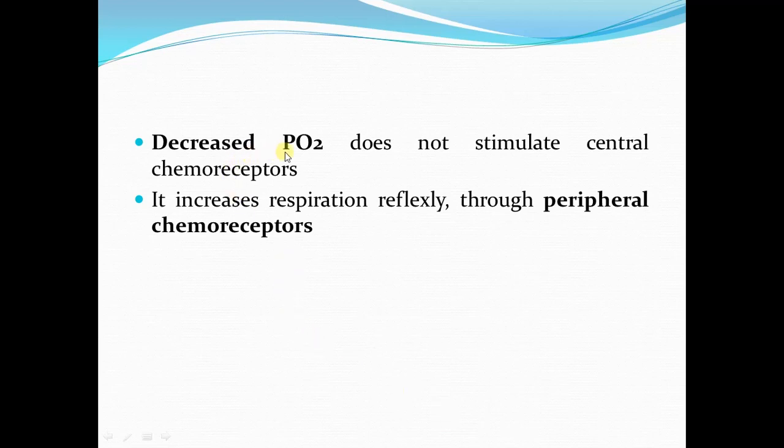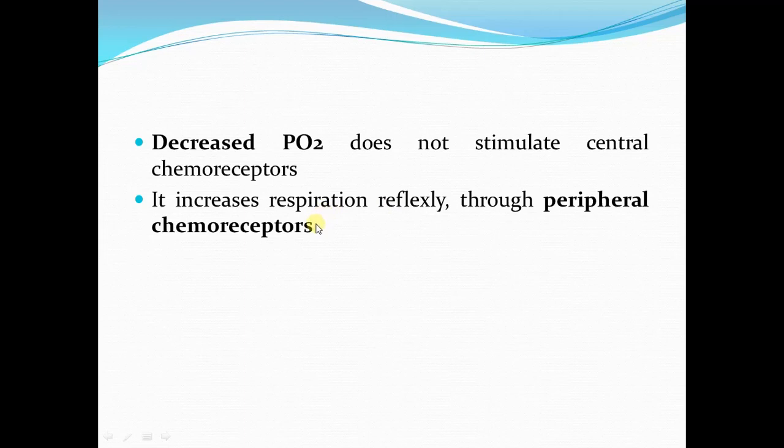Now, decreased partial pressure of oxygen does not stimulate the central chemoreceptors. We have discussed this shortly before. This decreased partial pressure of oxygen reflexly increases the respiration through stimulation of the peripheral chemoreceptors.